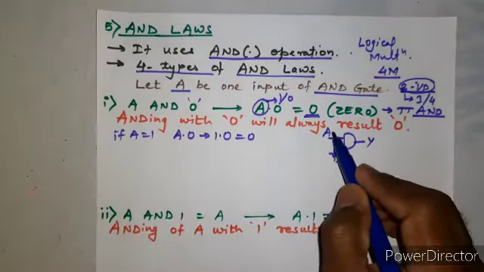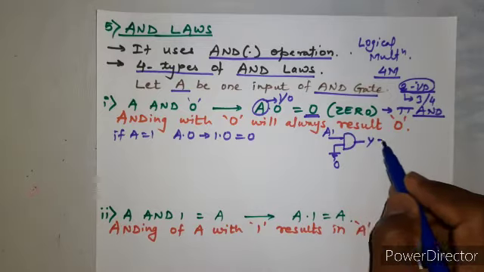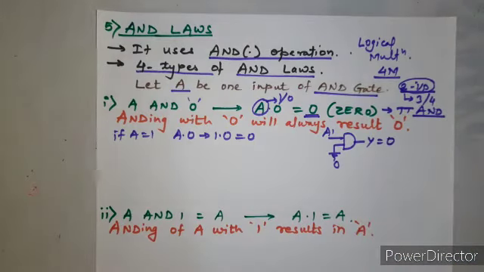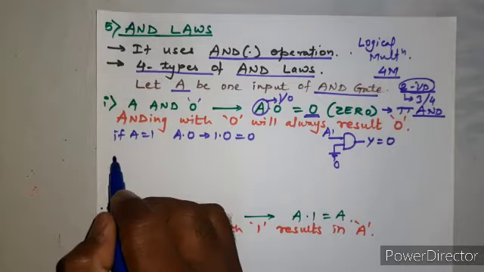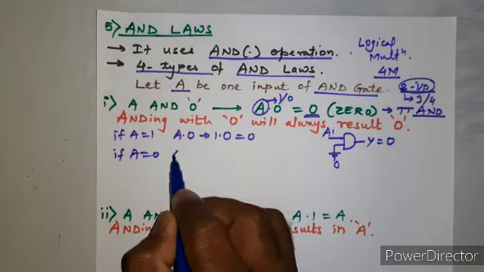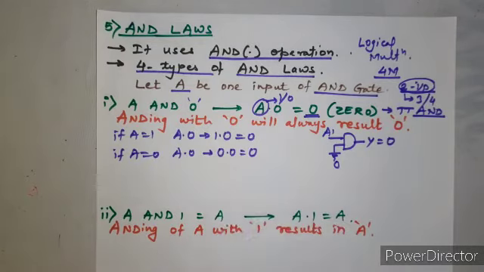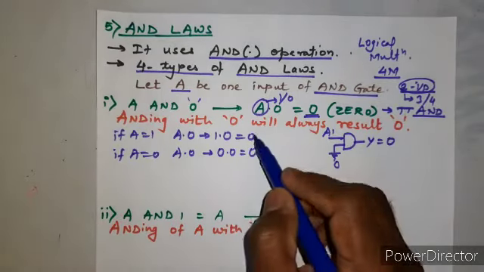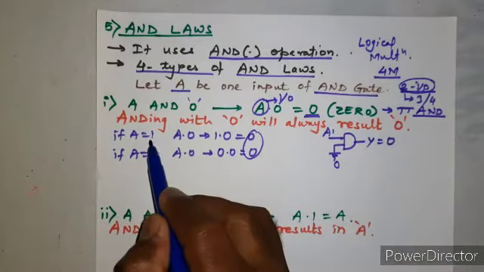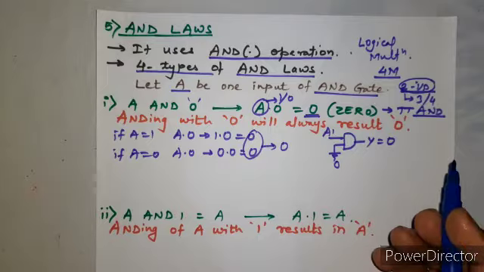If this is 1, this is all the time 0 because we have grounded that, so we get this equal to 0. In the other case, if A equals 0, then A dot 0 is 0 dot 0, that is 0. In both cases, even if your input is 1 or 0, we get output as 0.